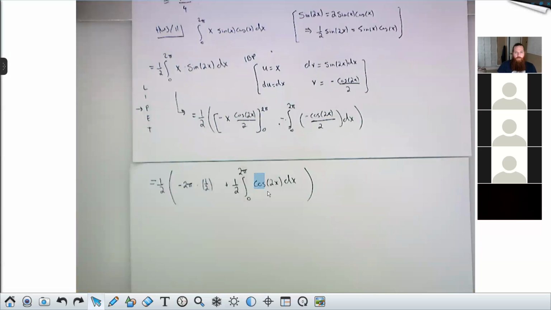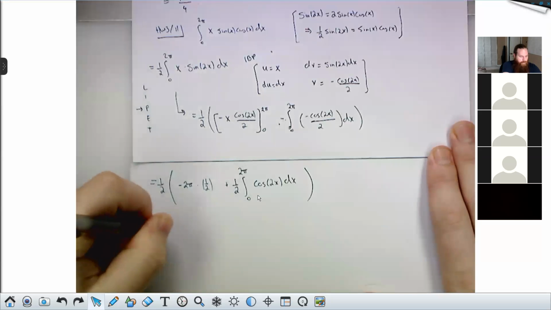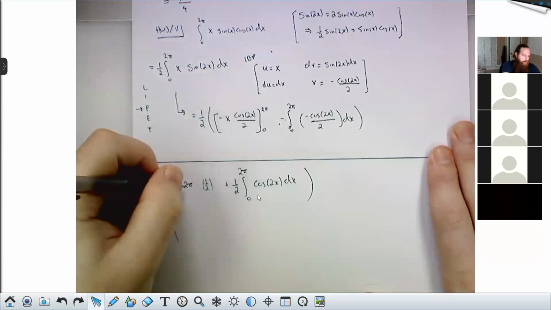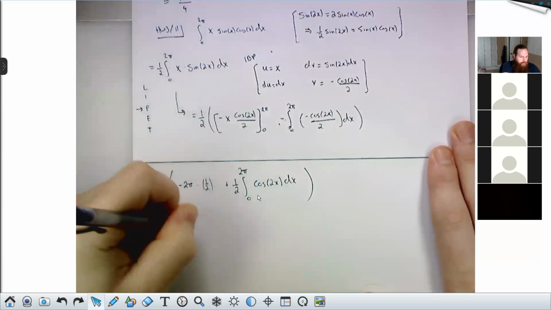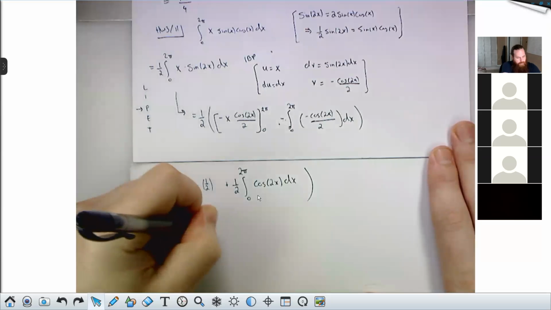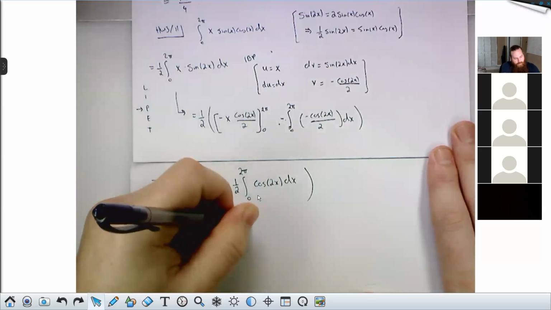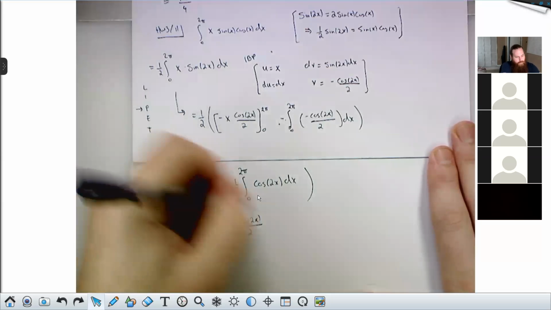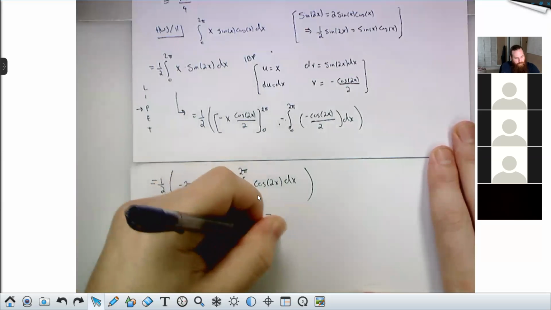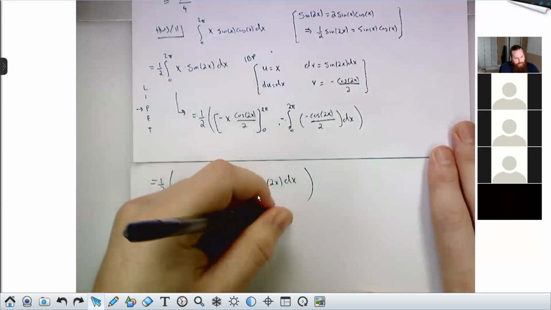And then the integral of cos 2x is another micro u sub. That's going to be sine 2x over 2. So I'll have 1/2, and this is negative pi, plus 1/2 times sine 2x over 2, evaluated from 0 to 2 pi.